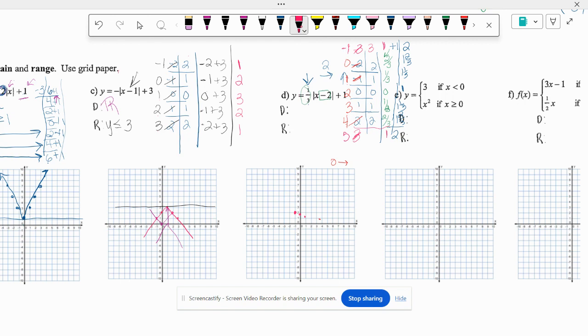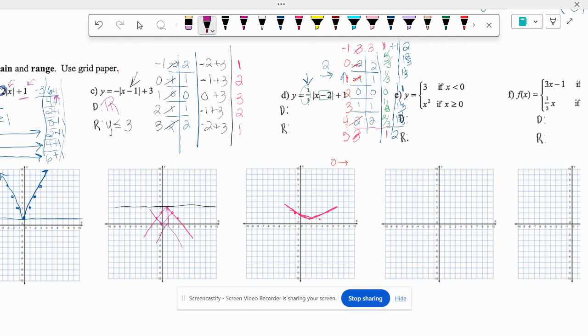When x is 2, my output is 1. When x is 3, my output is 1 1/3. When x is 4, my output is 1 2/3. And when x is 5, my output is 2. So this absolute value graph really looks like this.